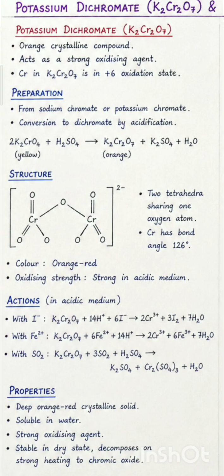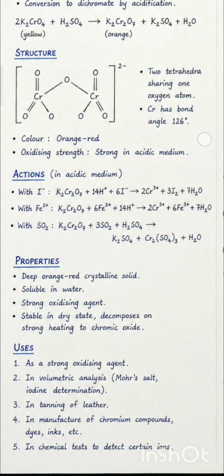Reaction with Fe plus 2 converts Fe plus 2 to Fe plus 3, and with SO2 it converts SO2 to SO4 minus 2. So K2Cr2O7 converts I minus to I2, Fe plus 2 to Fe plus 3, and SO2 to SO4 minus 2.